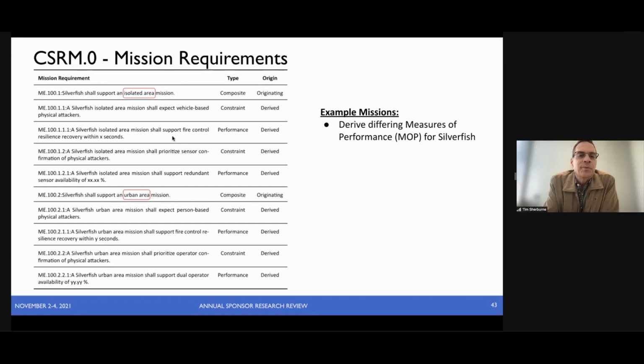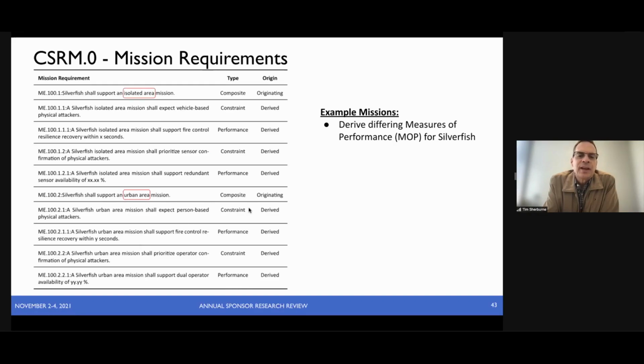When we get to resilience recovery, it may need to be faster to account for them, versus an urban area, where person-based attackers are more expected and we may have different recovery requirements.